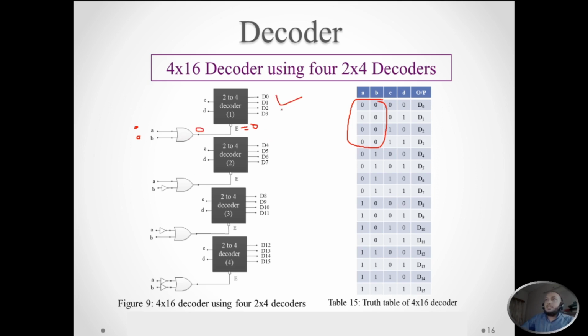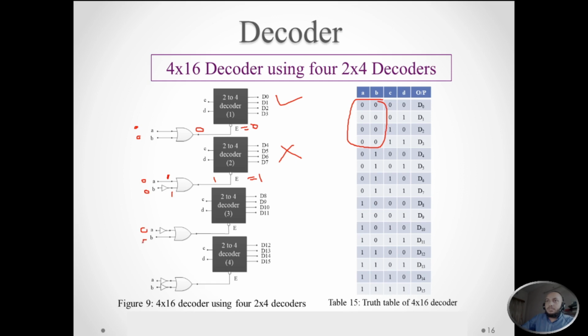So this decoder will operate. For this case, A0 B0, so the OR gate is getting 0 and 1. So one of the inputs of this OR gate is 1, the output will be 1, so E will be 1 and this decoder won't operate.